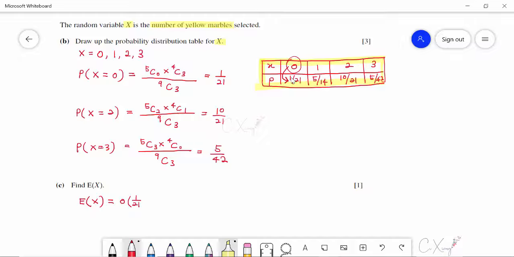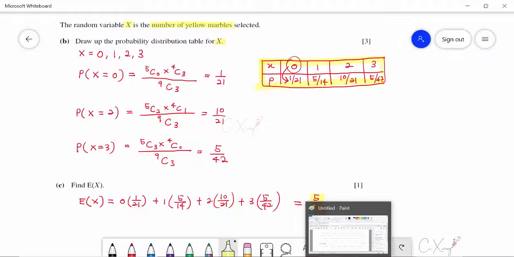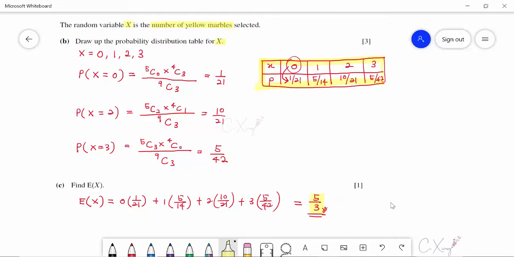So 0 multiplied by its probability plus 1 multiplied by its probability and so on. If you didn't make any careless mistake, the answer you get will be 5 over 3. Of course, if you want, you can change it to 3 significant figures. For me, I will just keep it in fraction form.